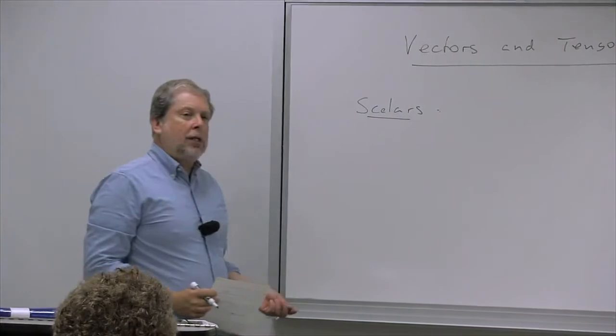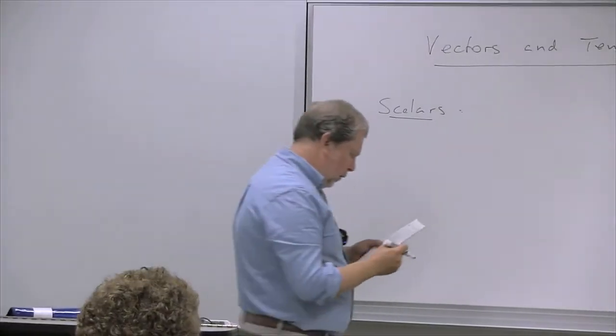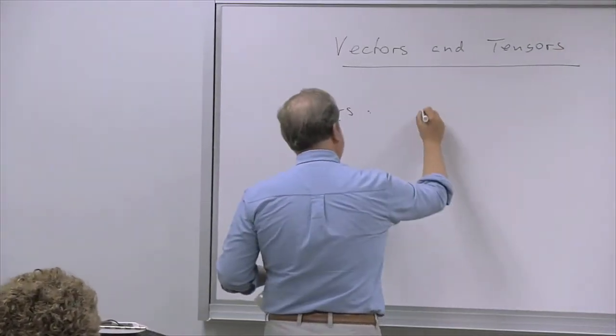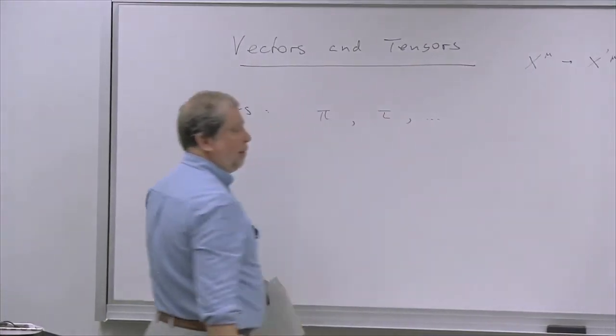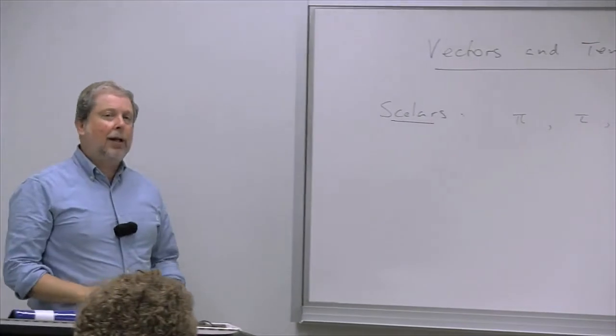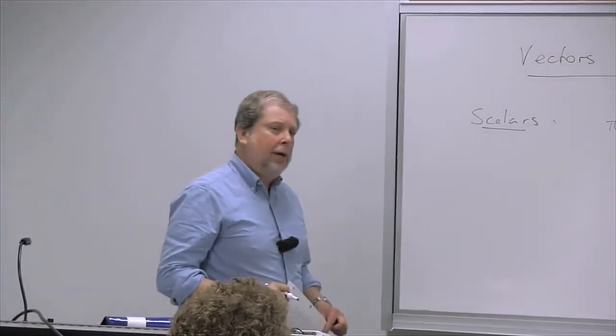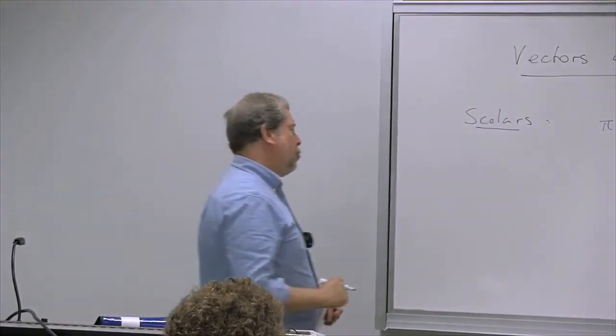So first of all, you have things that don't change at all, right? So those would be things like pi, and the proper time interval, and a few others. There's some genuine scalar field, like the Klein-Gordon field is a true scalar. It doesn't change at all when you do a coordinate change.